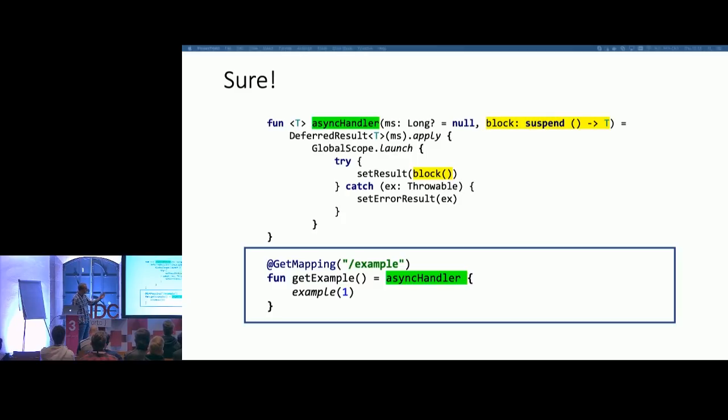It receives a block that is a suspend function of Unit to T, and then my business code will look like GetMapping to /example, getExample equals asyncHandler, and inside I have the business code that I want to call. So I have a regular function, and then I have a suspend function, and asyncHandler will do the mapping between both. The mapping needs to be specific to Spring. It uses a Spring-specific type, such as DeferredResult, but it's easily encapsulated in a function.